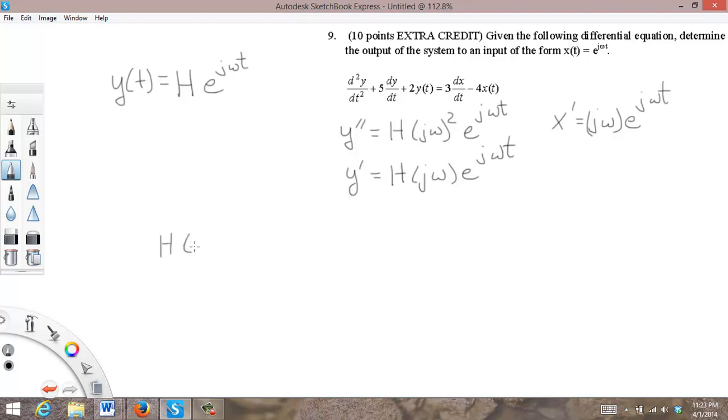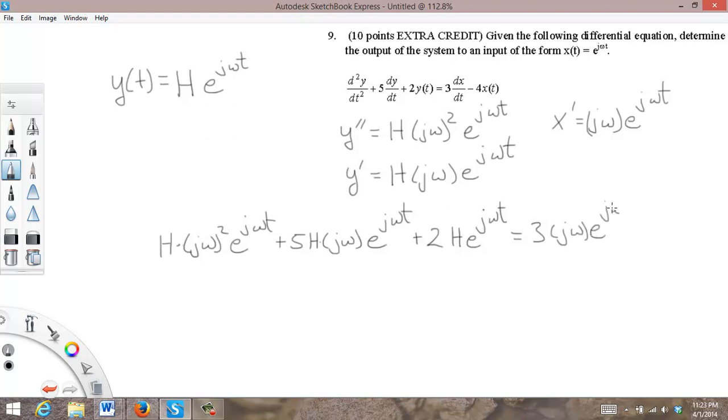h times j omega squared e to the j omega t plus 5h j omega, it's multiplying here, e to the j omega t plus 2h e to the j omega t is going to equal 3 j omega e to the j omega t minus 4 e to the j omega t.